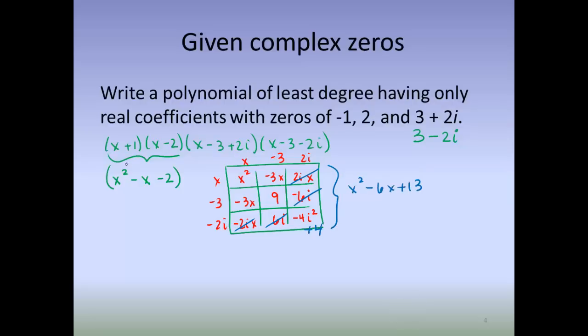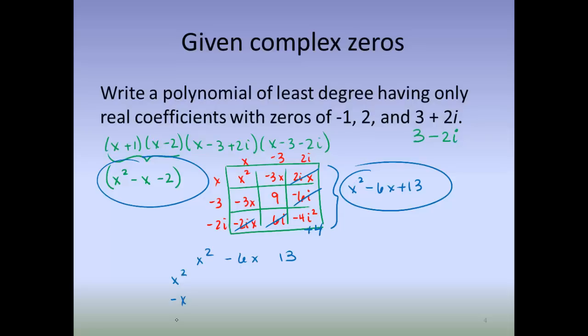So I need to multiply x squared minus x minus 2 times x squared minus 6x plus 13. This is why staying organized is very important. You don't want to lose one part while you go work on the other part. So we'll make one more large square, x squared, minus 6x, and a 13, x squared, negative x, and a negative 2.